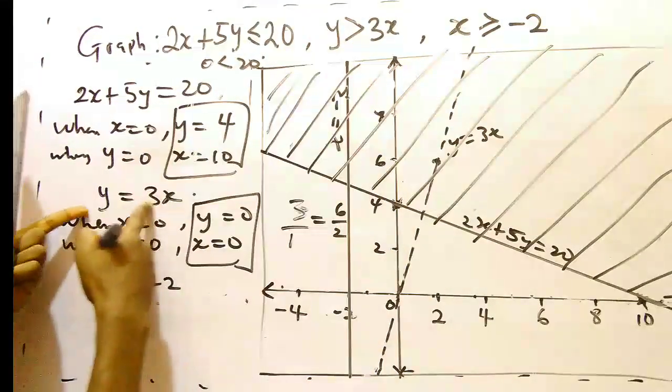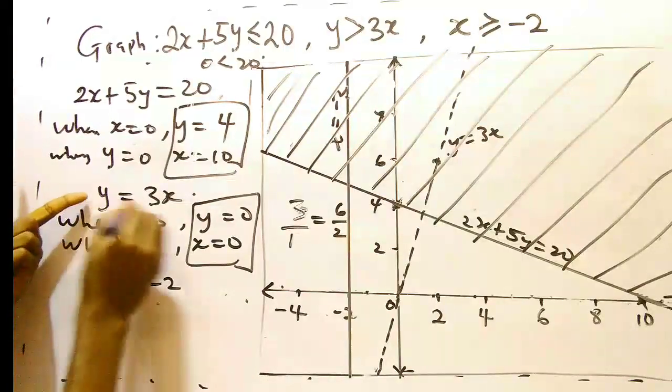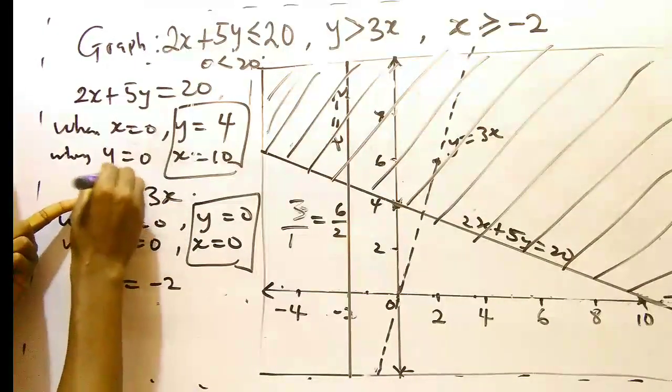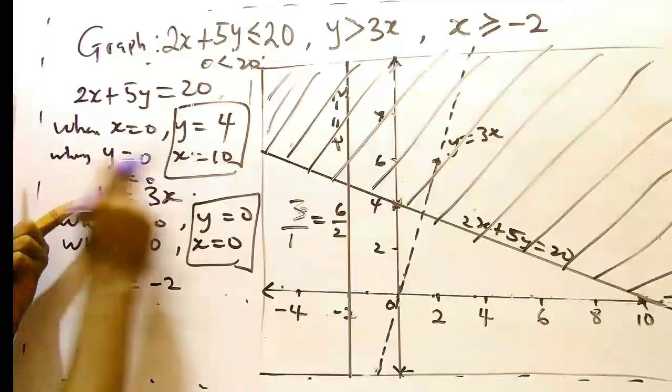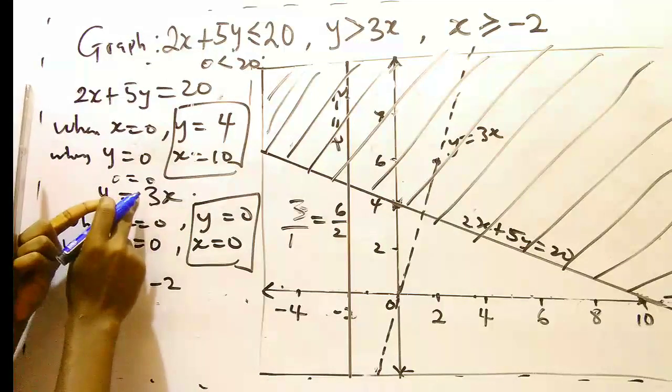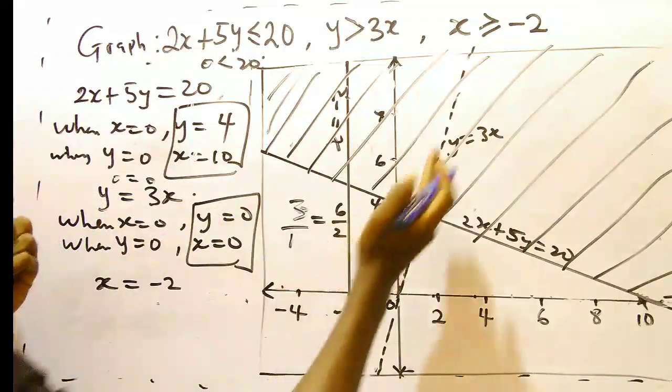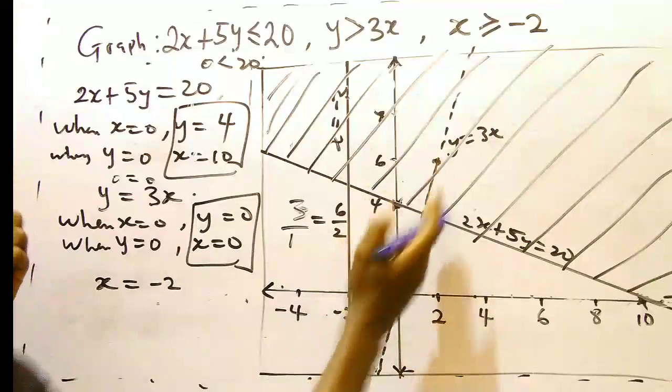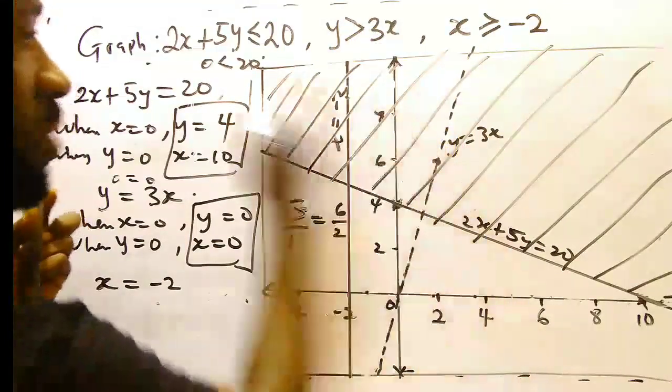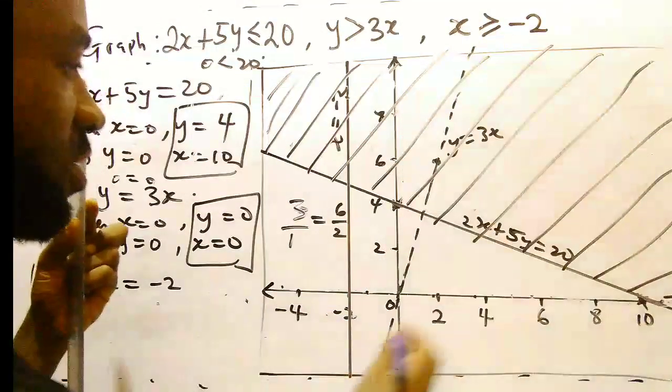Next, let's come to this. When x is 0, y is 0, we're going to have 0 is equal to 0. This is also a valid statement. If it is valid, remember this is greater than, so this point will be accepted. We're going to reject this other part.